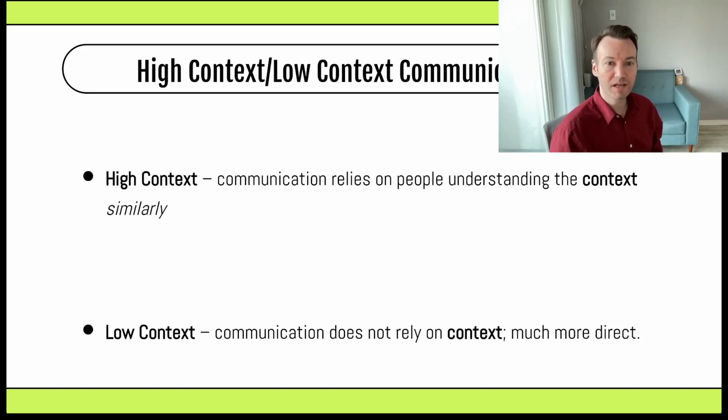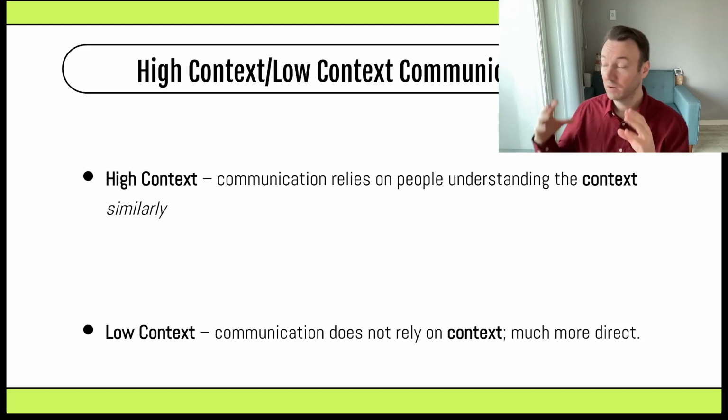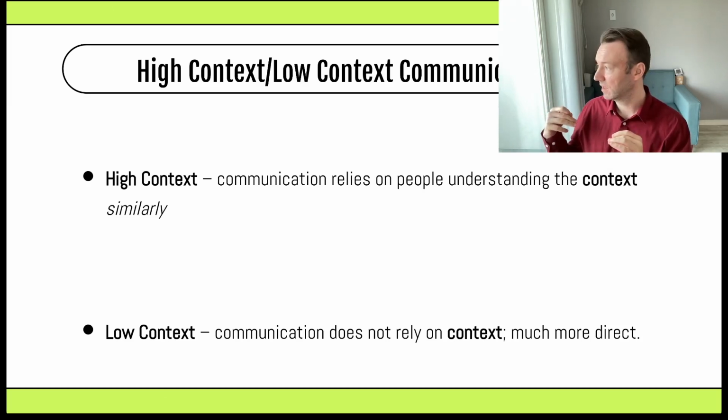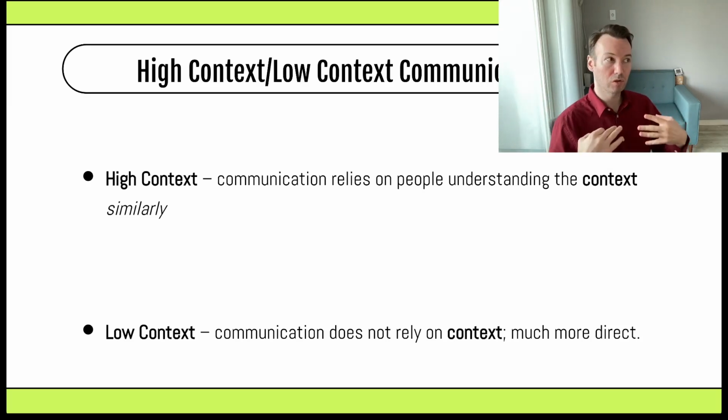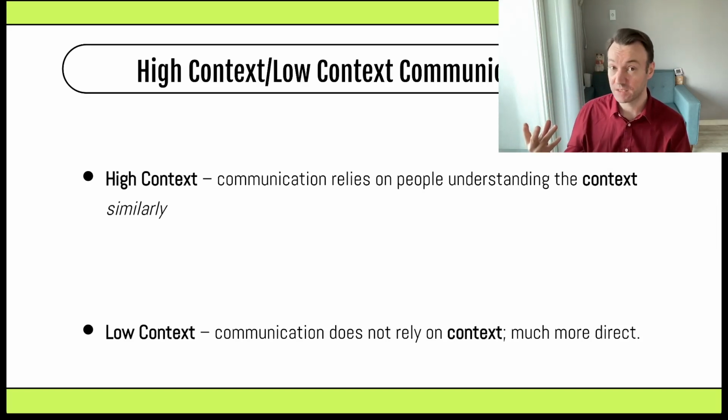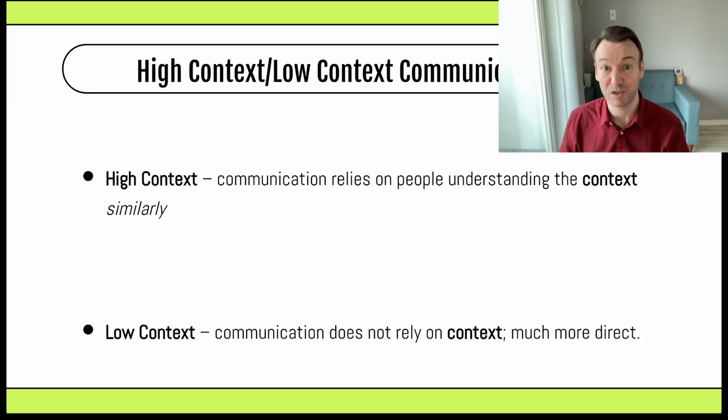So in high context, both people understand the situation, understand the context, and therefore your language choices can be less direct, can be more vague, but both of you can understand what the speaker is communicating.